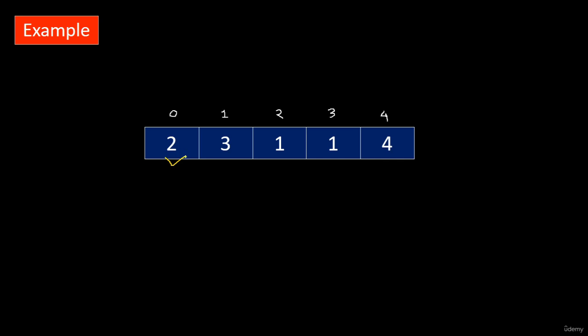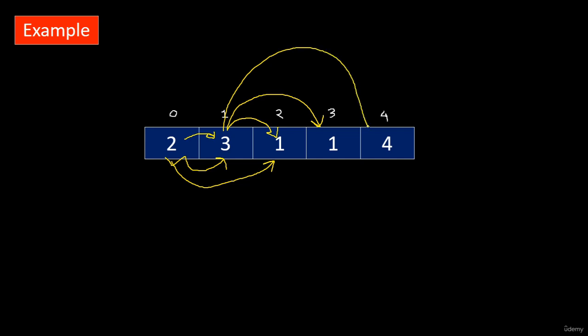So from here we can jump to this cell or to this cell. If we jump from this cell to this cell, from there we can jump to this cell, or we can jump from this cell to this cell, and also from this cell to this cell.